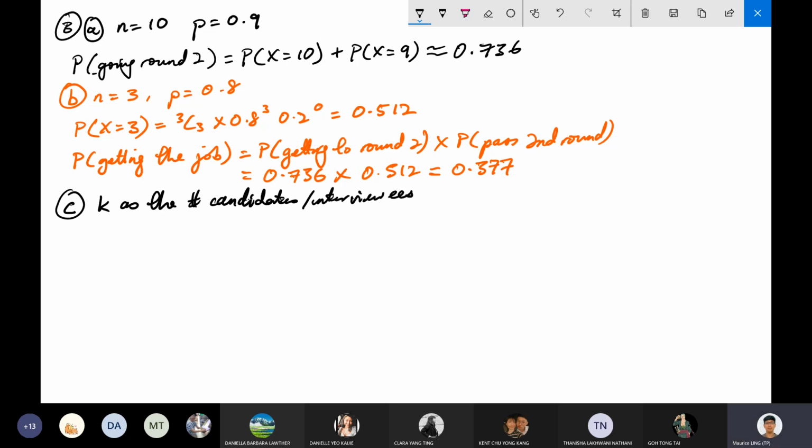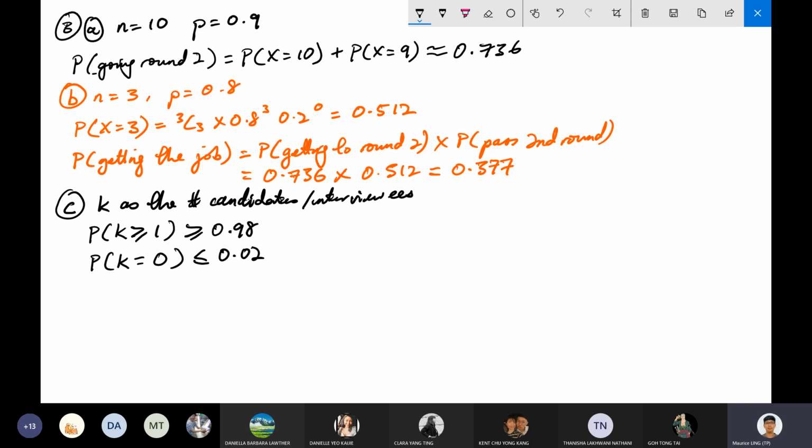To get at least one, you want more than or equal to 98% chance. But what you can do is the reverse. What is the chance of not getting a single candidate that clears both rounds, k equals 0, is less than 0.02.